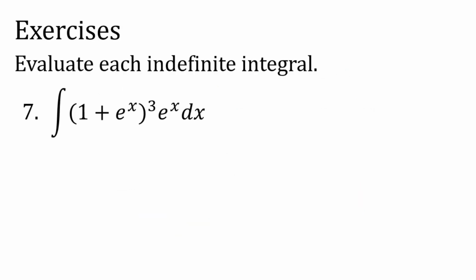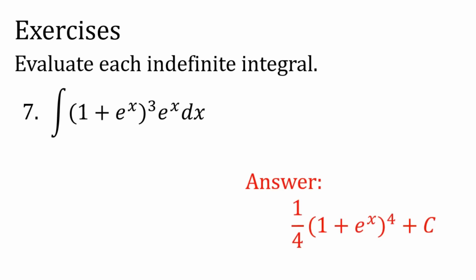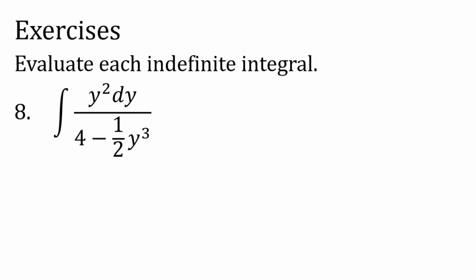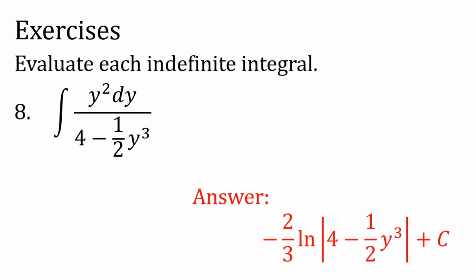So number 7, we have the integral of (1 plus e to the x) raised to 3 times e to the x dx. This is our answer. Number 8, the integral of y squared dy all over 4 minus 1 half y cubed. This is our answer. So as you can see, there is an ln, okay?